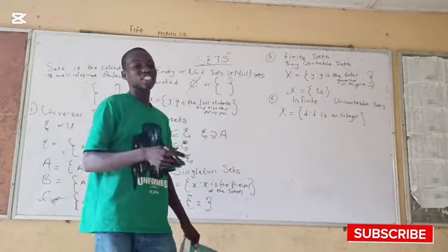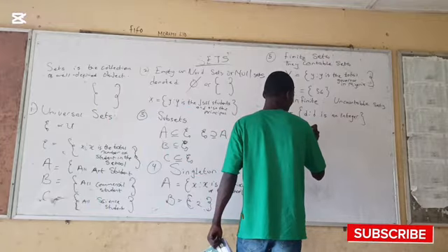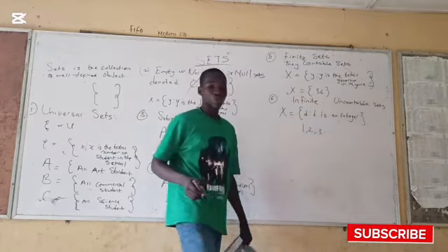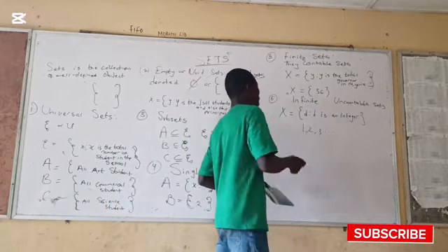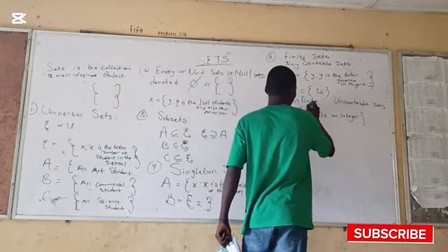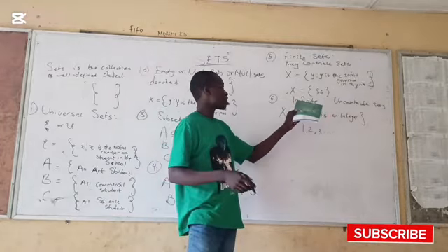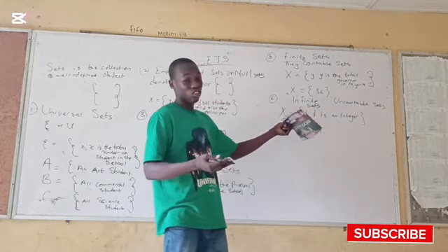Don't forget, integers start from what? 1, 2, 3, and so on to infinity. So we say that this is the infinite set, and the definition says infinite sets are uncountable.